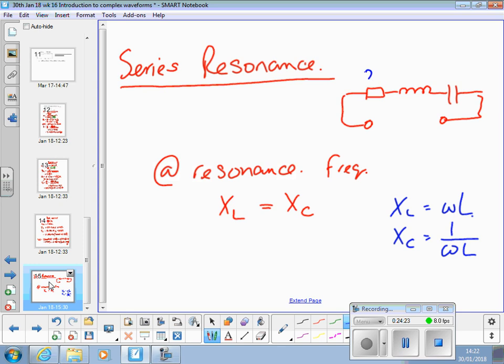So let's make that 2 ohms. And at a particular frequency, 20 ohms and 20 ohms. Now put those values into your formula for impedance of that circuit.